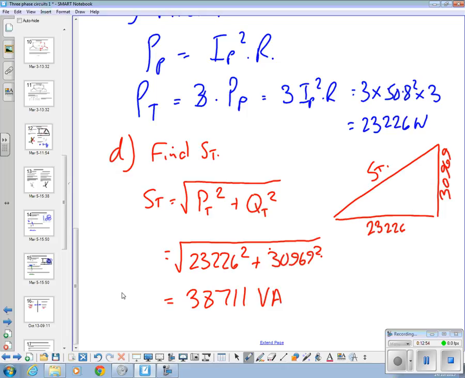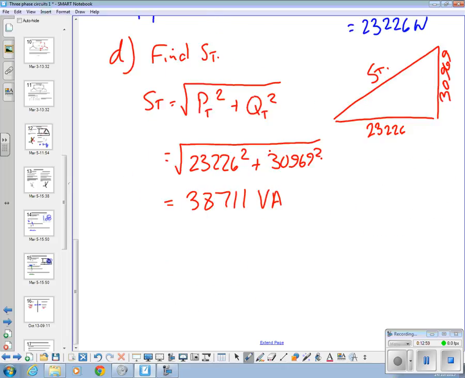Last but not least, power factor. Power factor equals PT over ST. So we're talking about the power factor is the cosine of this angle. So that's this total power divided by that.